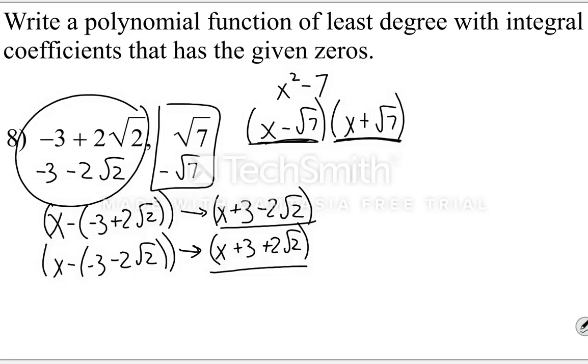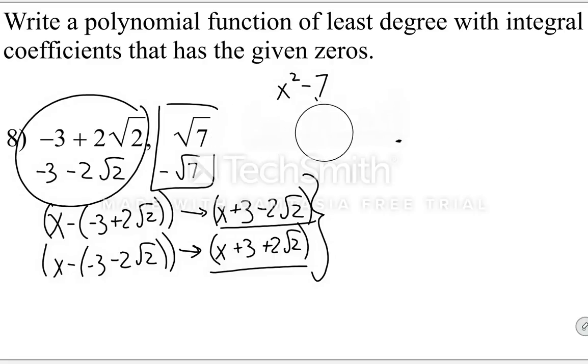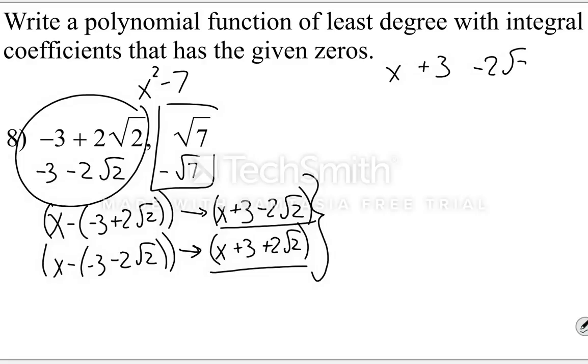That's the easy one. The hard one is going to be these two here. So I'm just going to erase a little bit. I'm going to leave x squared minus 7. Actually, I'll move it. So x squared minus 7 over here. So I'm going to do the box first, and then we'll do everything else after. So I get x plus 3 minus 2 root 2.